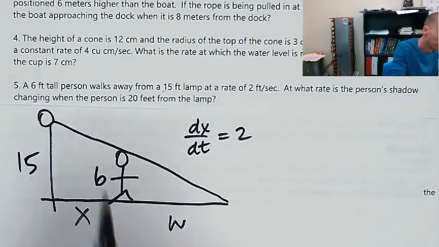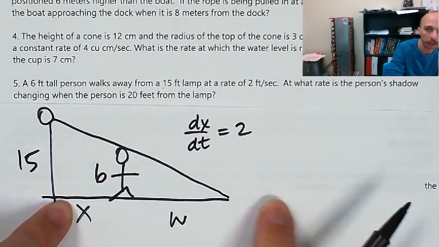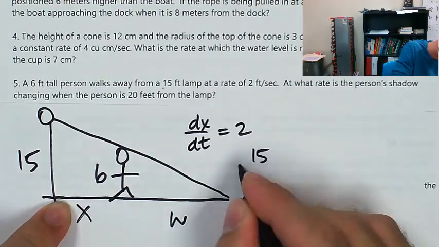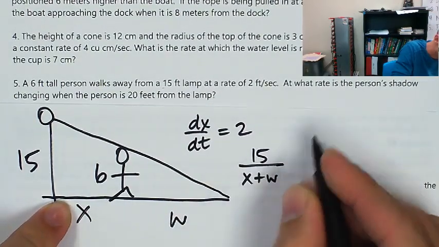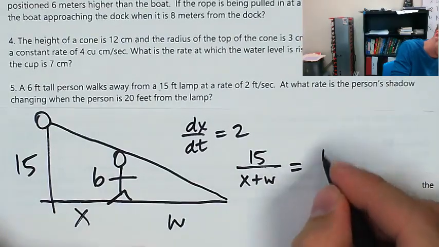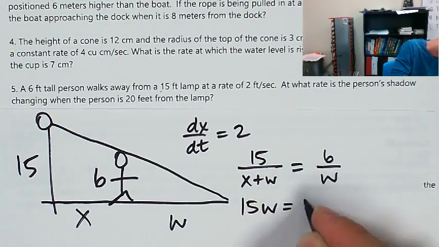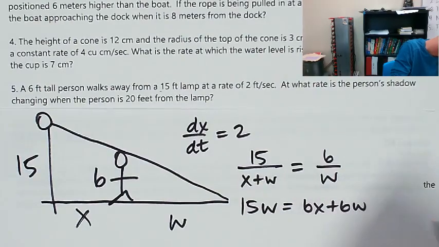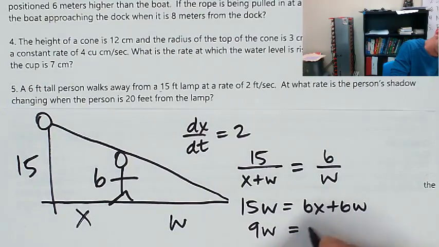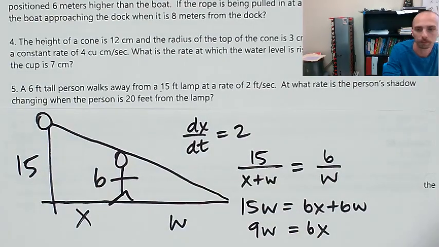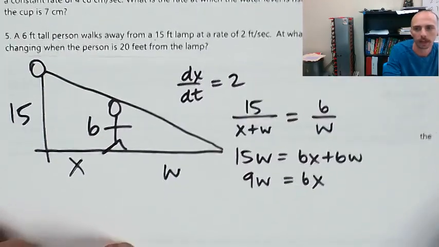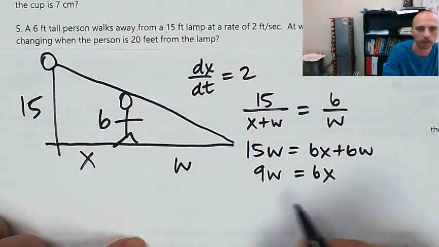So we know, again, 15 divided by this whole length is equal to 6 divided by w. And we're going to cross multiply. I'm going to solve to get each variable on one side. Okay, so 9w equals 6x.